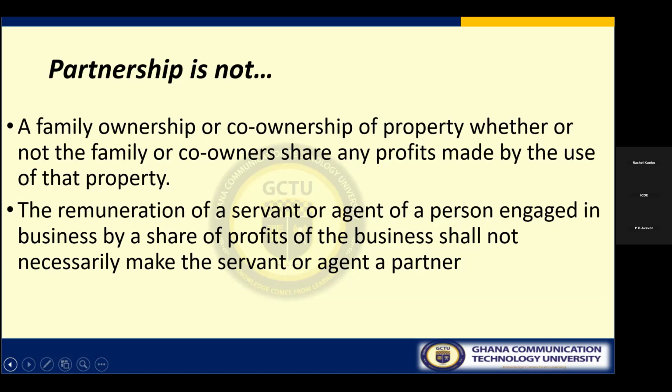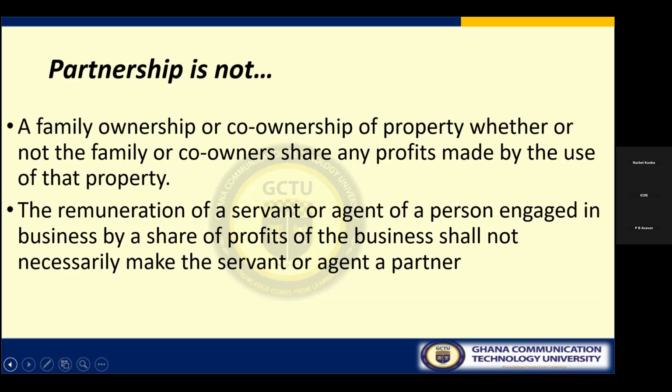Because one, they don't have any legal document, following the Partnership Act, stating clearly, copiously, contribution in terms of capital and how profit and losses should be shared. So this particular one does not make them partners.